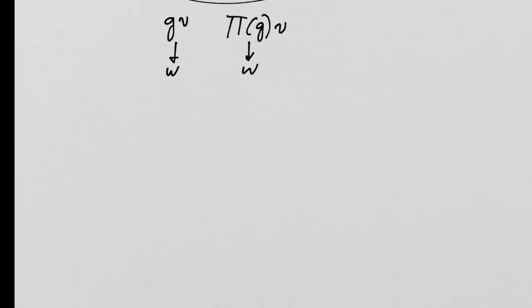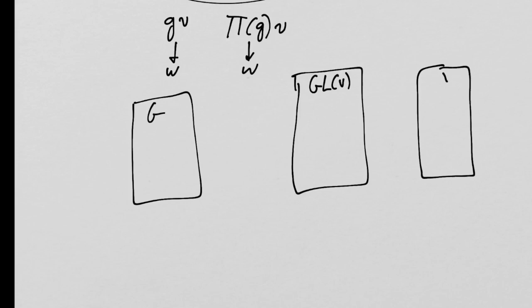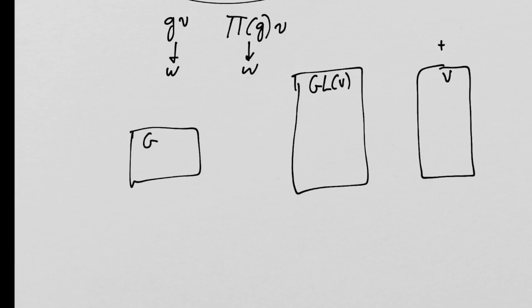All right, now let's consider our group G and our group GL on V, right? And our vector space V, which is, by the way, a group under addition, right? So everything's kind of a group in its own way. So now G, I'm going to redraw G to make it look a little bit smaller to make this point. G is mapped into the general linear group, right?